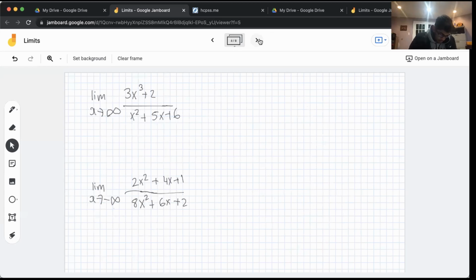For the next one, once again, multiply by the highest degree in the denominator. That's x squared, 1 over x squared over 1 over x squared. So we're going to get 3x plus 2 over x squared over 1 plus 5 over x plus 6 over x squared.